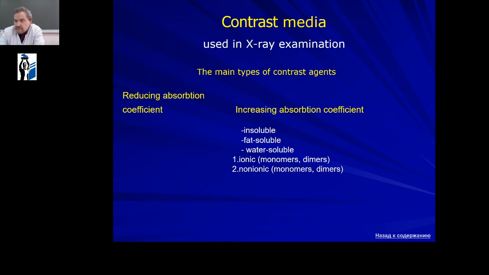The first group is X-ray positive contrast substances containing barium, used to study the gastrointestinal tract. And the second group is iodine containing. Iodine containing contrast substances are divided into water soluble and fat soluble.